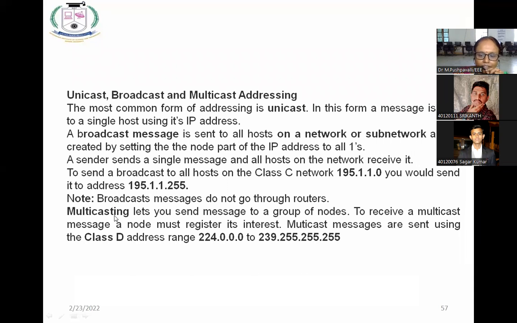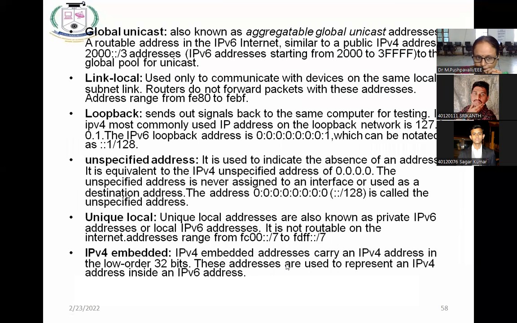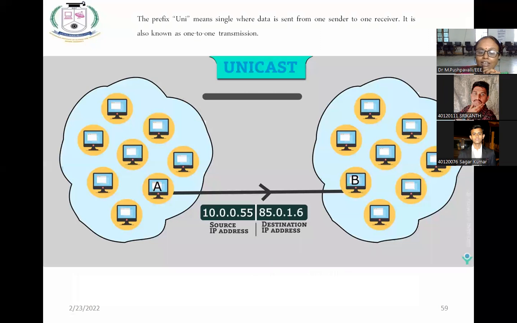Is that clear? Where we are connected to that, that is multicasting. In broadcast, everyone will receive it. Okay, I think I will tell you this along with IPv6.